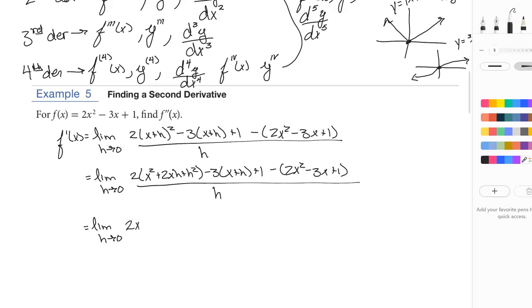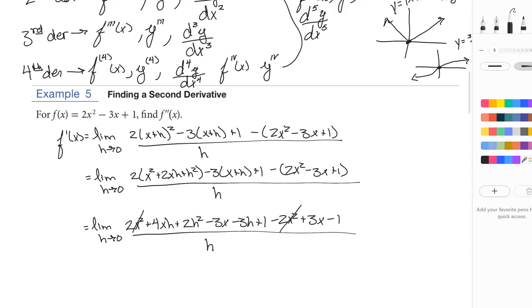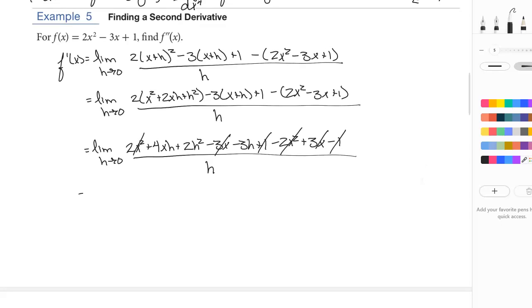So this is going to be 2x squared plus 4xh plus 2h squared minus 3x minus 3h plus 1. And then I'm going to distribute that negative. And we're going to see some things cancel. The x squared terms cancel. The x terms cancel. And the number 1 is going to cancel with that negative 1.